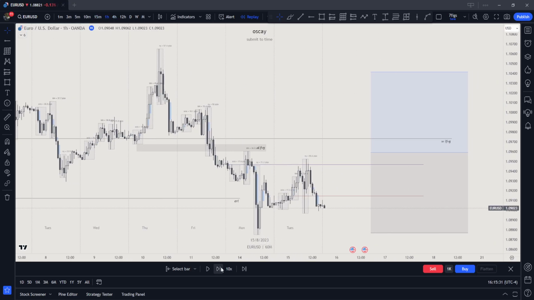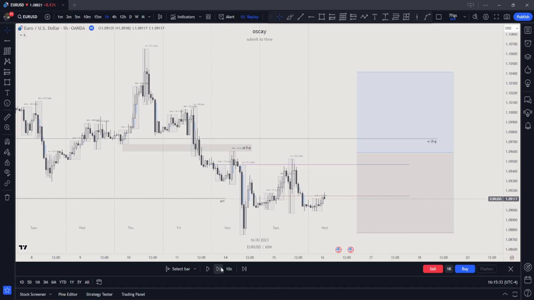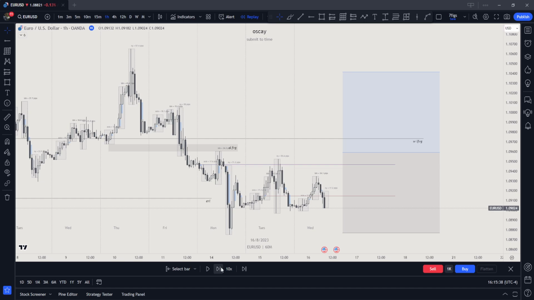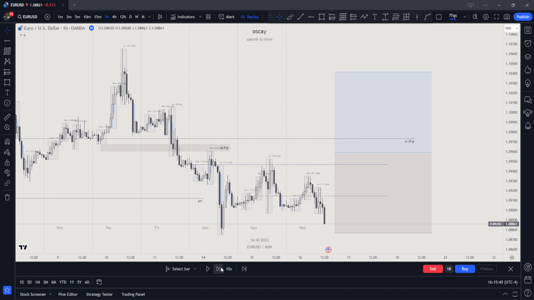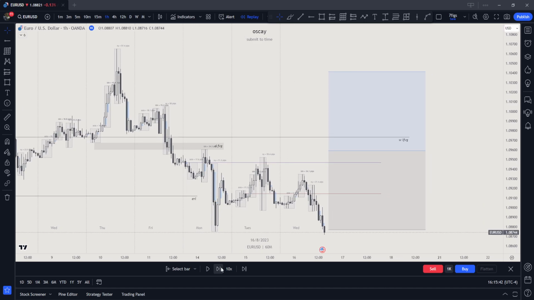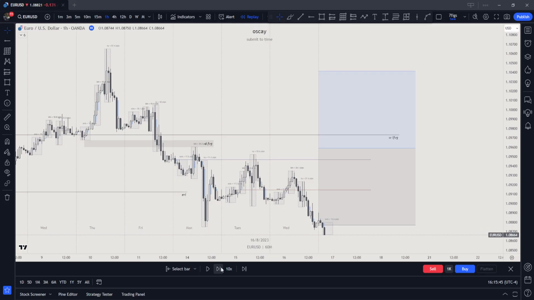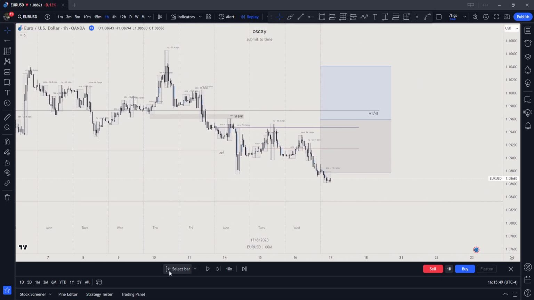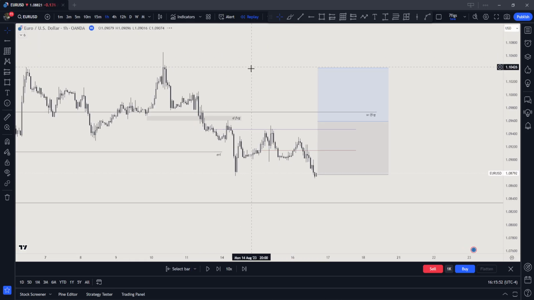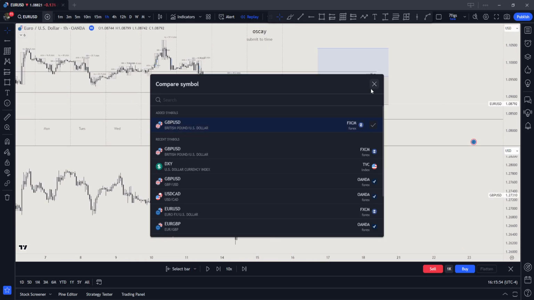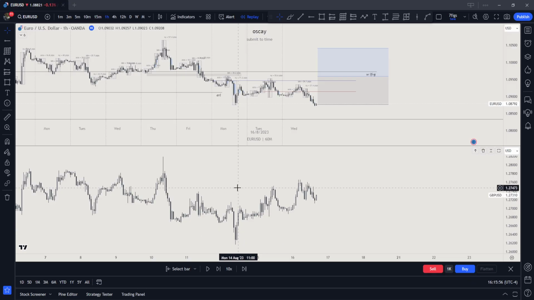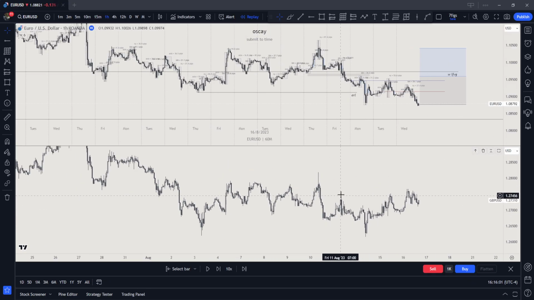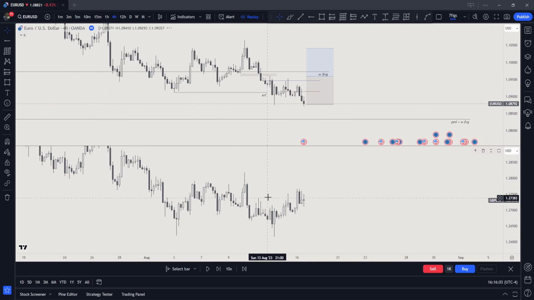I'm not interested in anything. I want to see if there's SMT on these highs. Yep. Okay, this is not good. EU is pumping up while the other pair is dropping.